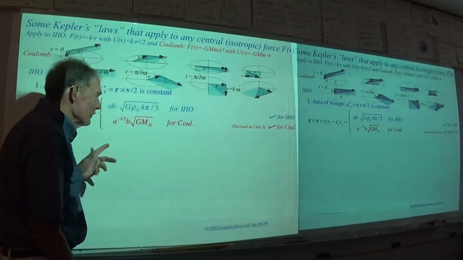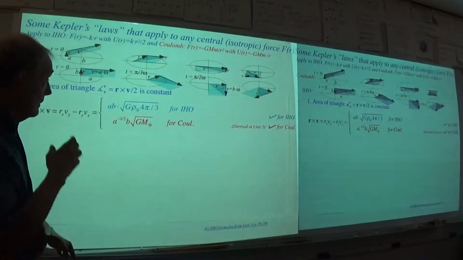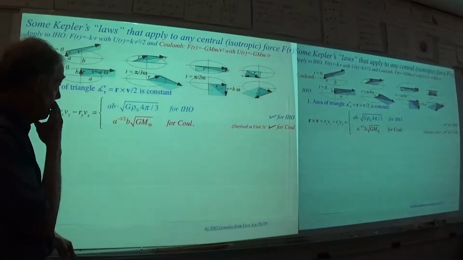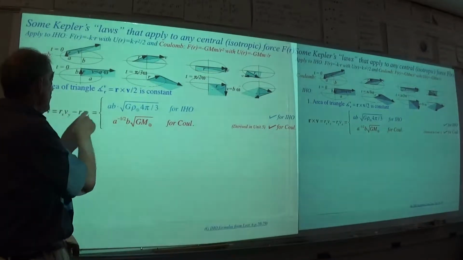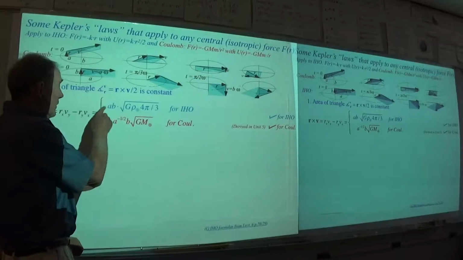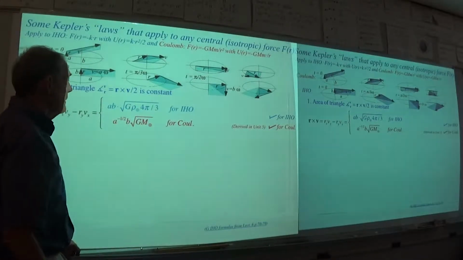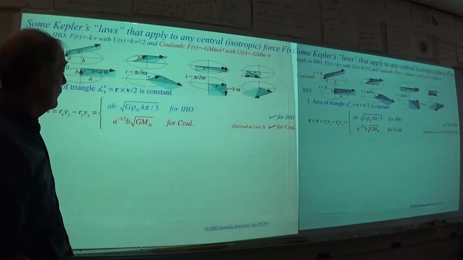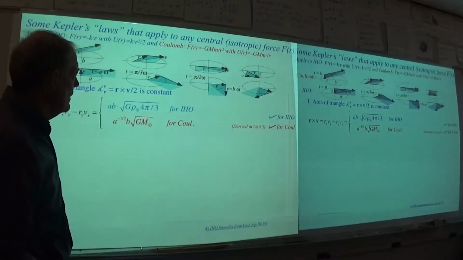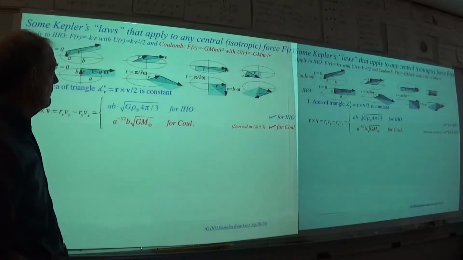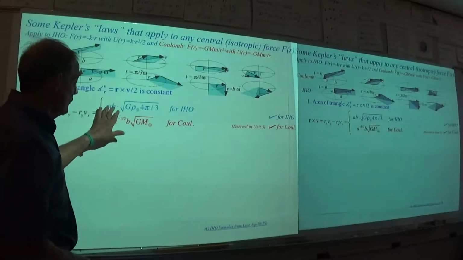Coulomb requires just a little bit more finesse than I want to have at this particular moment. But for this one, this area of a triangle, a times b, and then here are the actual MKS constants that go for the sophomore physics Earth, that is definitely a nice formula to have.